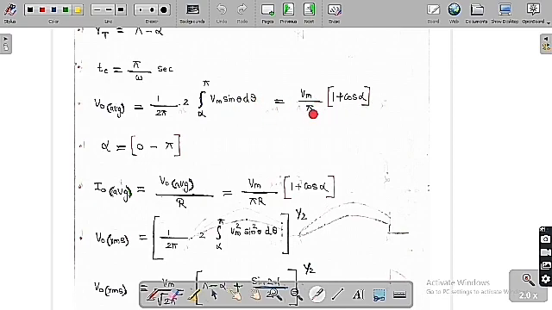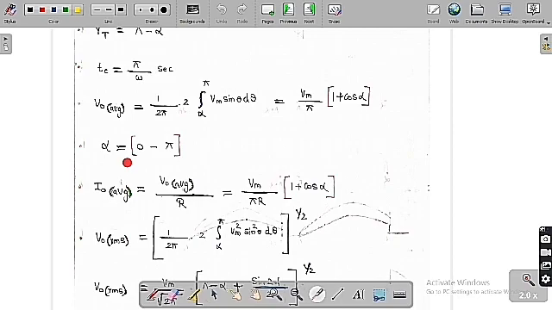The way to remember this basic formula is Vm by 2 pi into (cos alpha minus cos beta) into 2, where beta is equal to pi. Substituting, we finally get Vm by pi into 1 plus cos alpha, which means the average output voltage of the full wave is twice the average output voltage of a half wave rectifier. So you need to remember it like this.